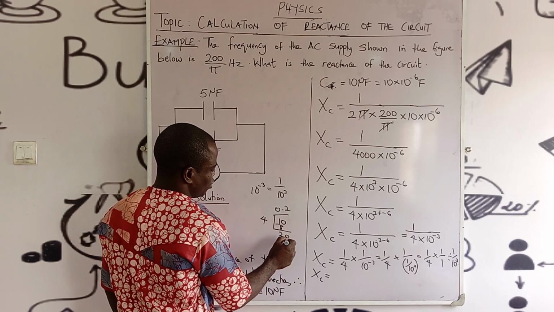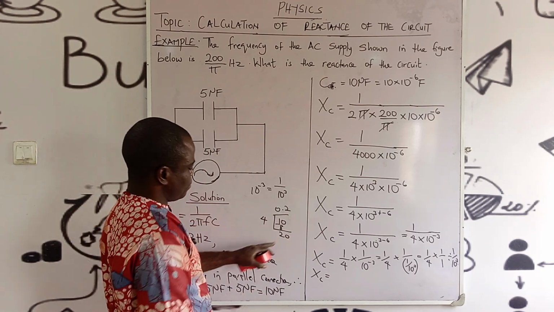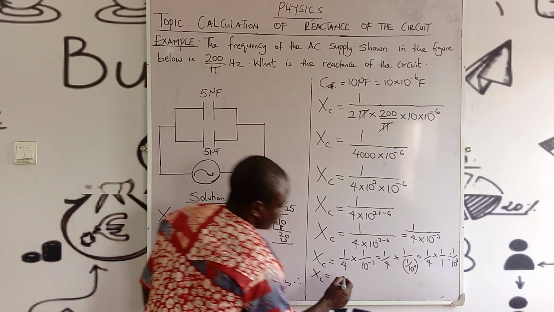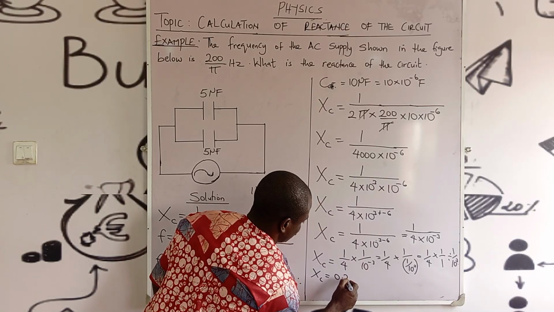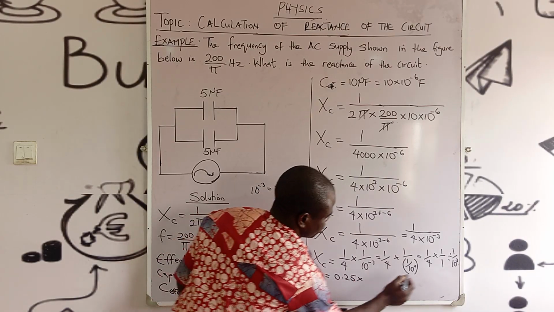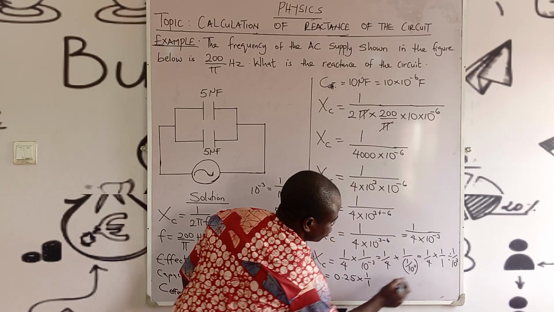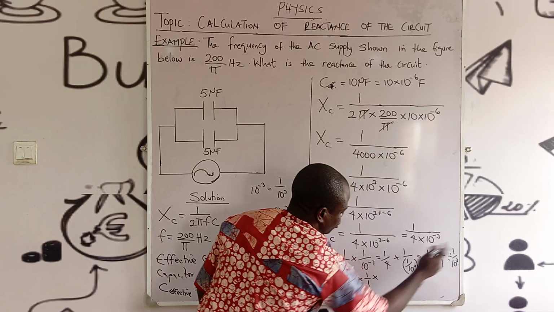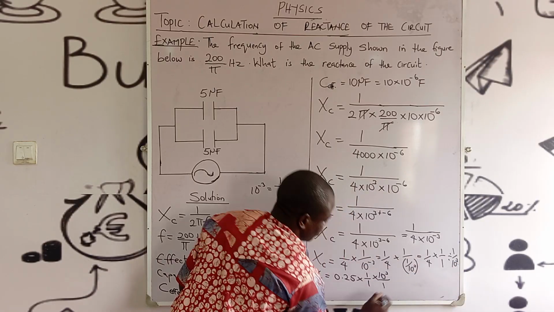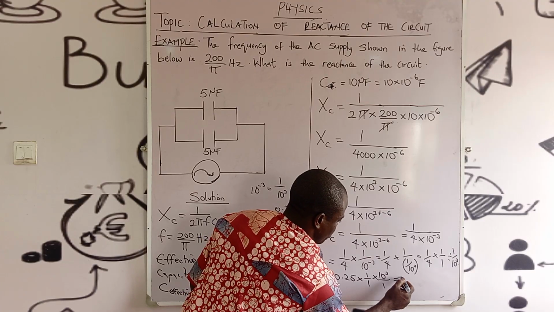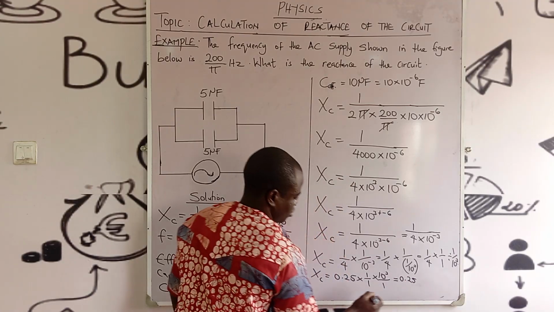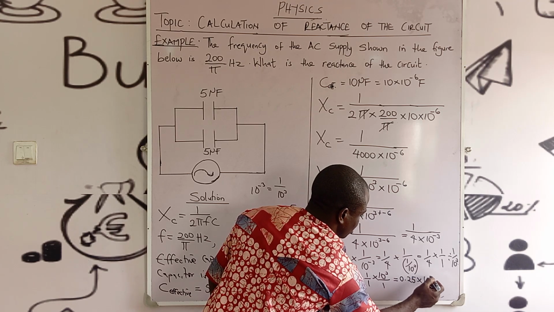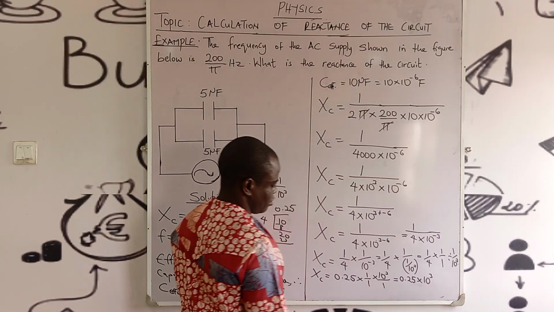Add 0. 4 in 20, that's 5. 4 times 5, 20. Now we have 0.25 times 1 over 1 divided by 1 over 10 raised to the power 3. Division will change to times. The 10 raised to the power 3 will go to the numerator, which equals 0.25 times 10 raised to the power 3.